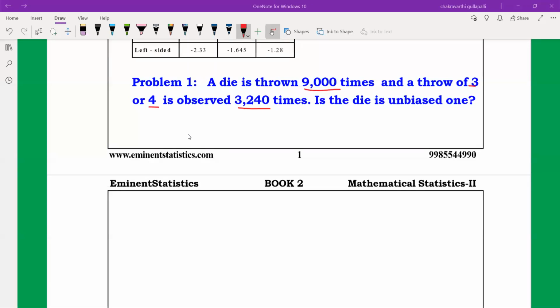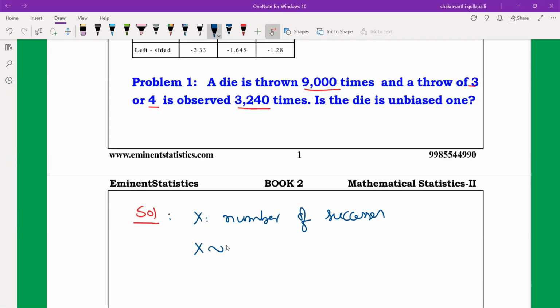So now, we have to use the test for single population proportion procedure to identify whether the die used is unbiased or biased. Solution: X equal to number of successes.